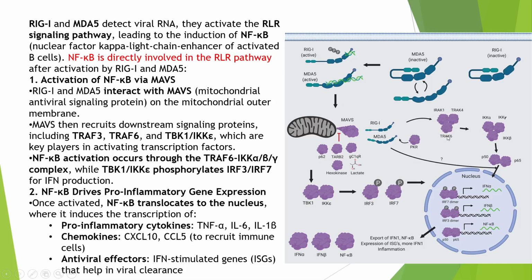Your IRAK, TRAF, then your TBK, IKK, TRAF, etc. Then finally, all these proteins, the IRF3, IRF7 phosphorylated, and your P50, P65, all these enter and translocate to the nucleus and start the transcription of the required cytokines, chemokines, and antiviral effector proteins.